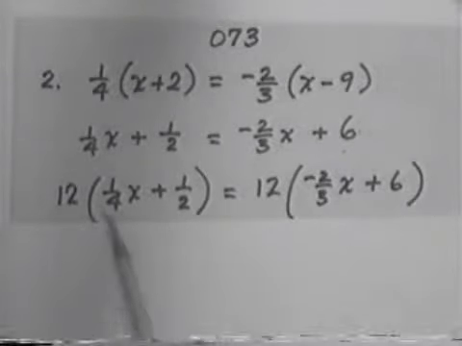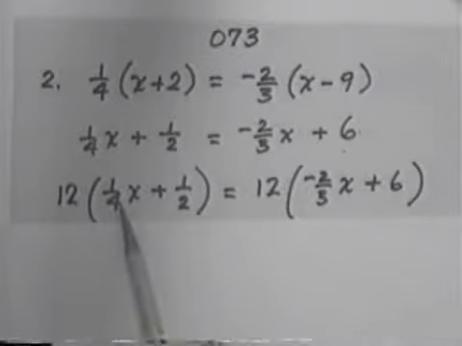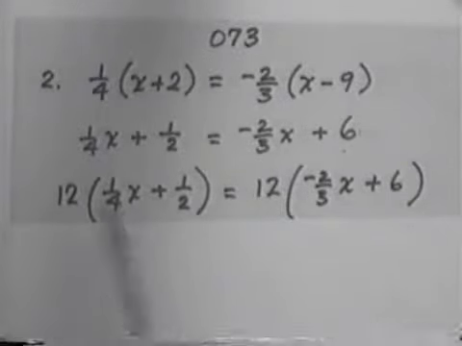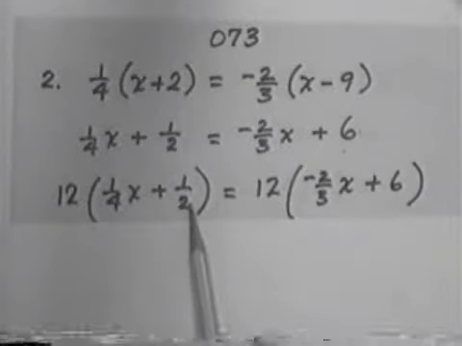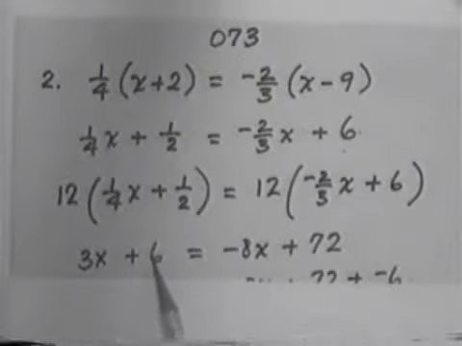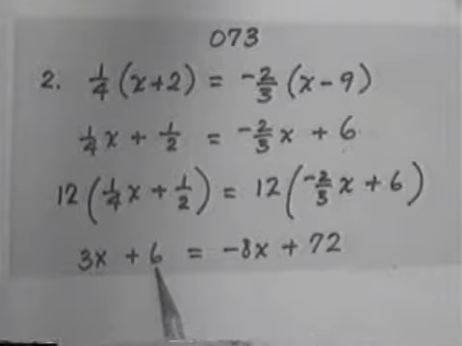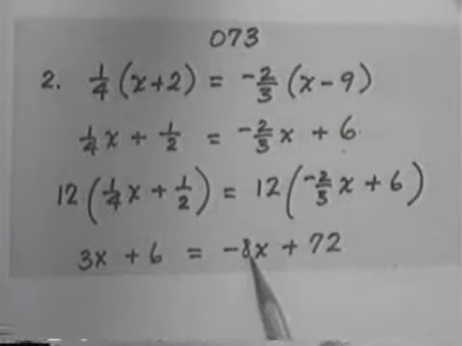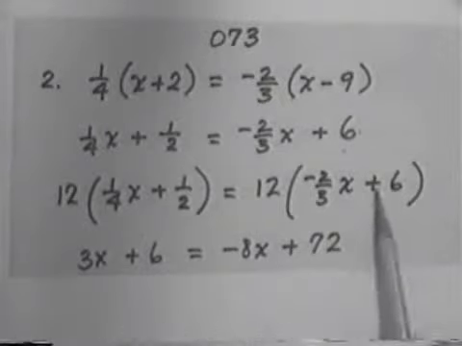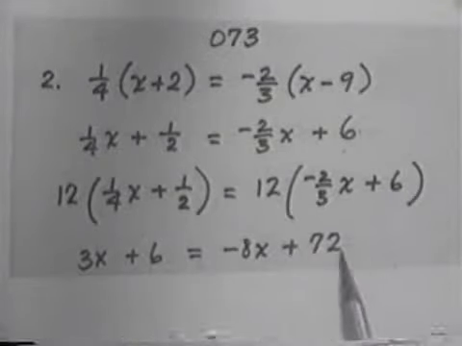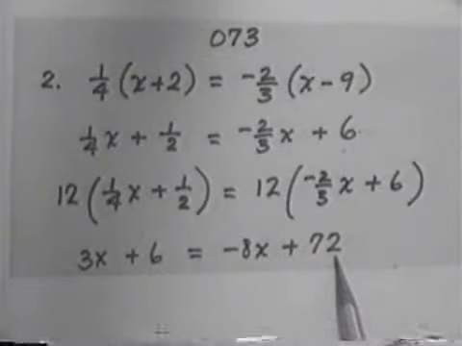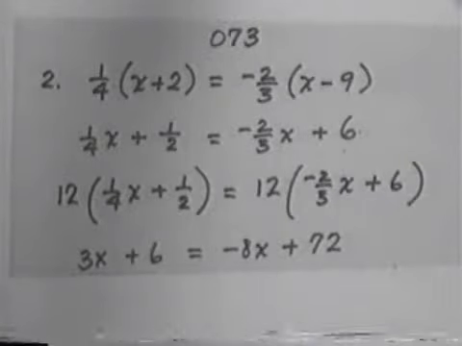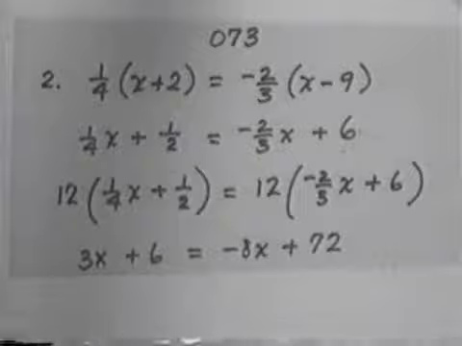Distributing the 12 through each set of parentheses, 12 times 1/4 is 3, so we get 3x. 12 times 1/2 is 6, so we have 3x plus 6 on the left. 12 times negative 2/3 is negative 8, so we have negative 8x plus 12 times 6 is 72. The equation is now 3x plus 6 is equal to negative 8x plus 72.